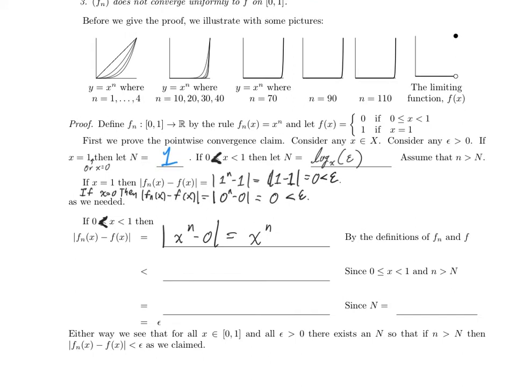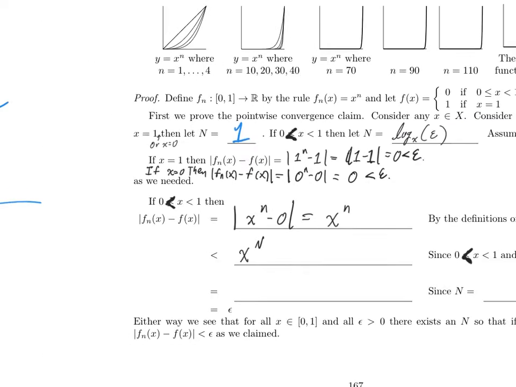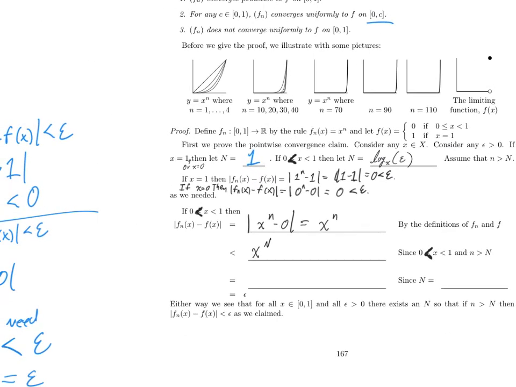Since x is a number that is strictly between 0 and 1, and little n is bigger than big N, I see that this is less than x to the big N. And that is equal to x to the log base x of epsilon by our choice of big N.